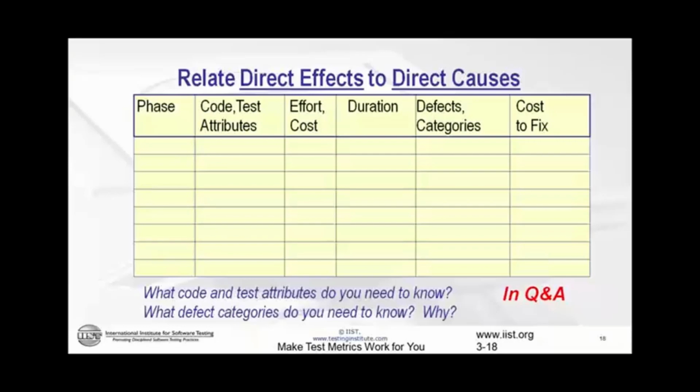So, for instance, if the coding is being done, let's say, using a particular development tool, or the testing is being done using a particular testing tool, okay, those would both be characteristics that would contribute to the causes of whether we're creating and or finding defects. Okay.